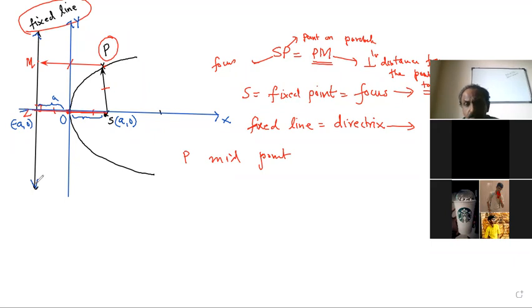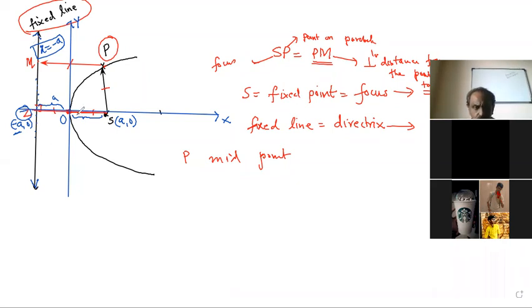So whenever a line is parallel to the y-axis, what can you say about its equation? x will be equal to a constant, which means everywhere the x coordinate of a point on it will be the same. So what is the x coordinate of Z? Minus a. So everywhere on this line, x coordinate will be minus a. So the equation of the directrix will be x equal to minus a. Is it clear to you?